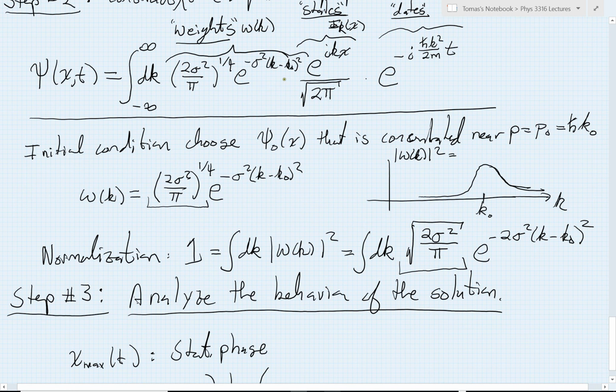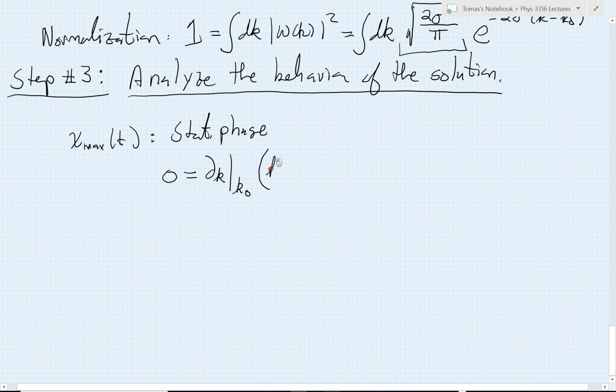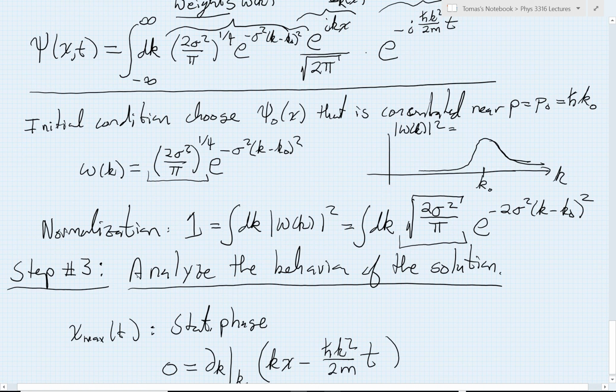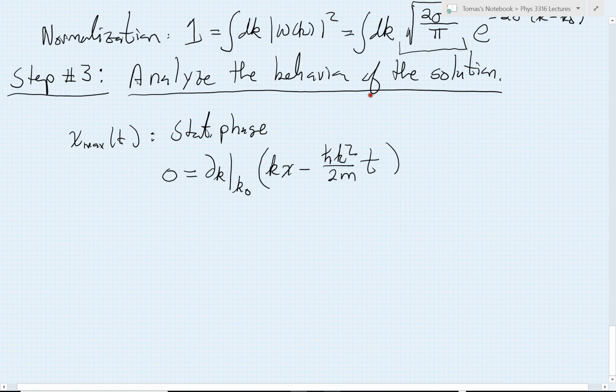Now the phase is not these amplitude real parts, it's only the imaginary parts, and there were two of them: kx minus h bar k squared over 2m multiplying time t, right? That gives us the rest of the phase. We've collected all the phases. We can take the derivative with respect to k.